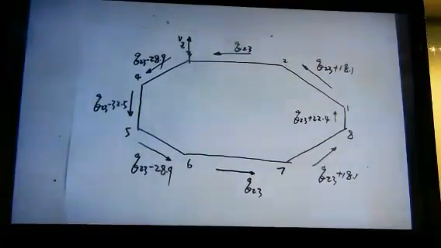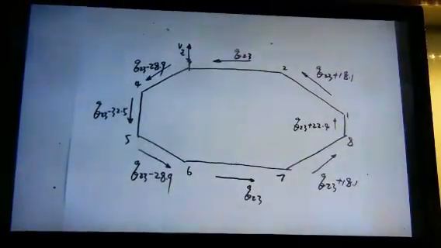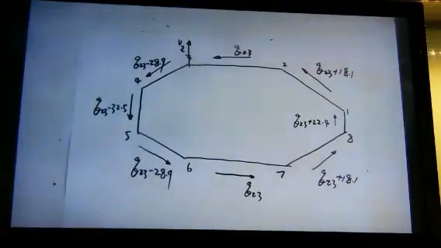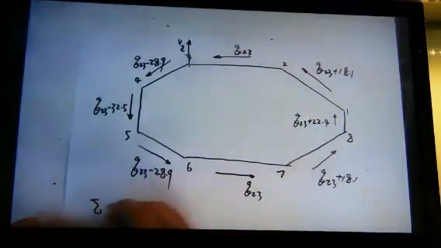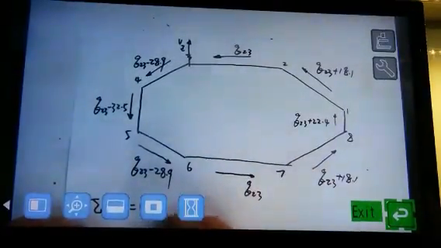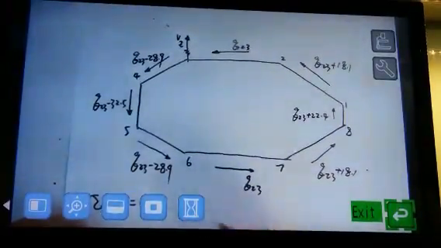What is the moment acting on point 6 from the external loading Vz? Zero, it's flowing through this. So if we take the moment balance, M6 equals 0.